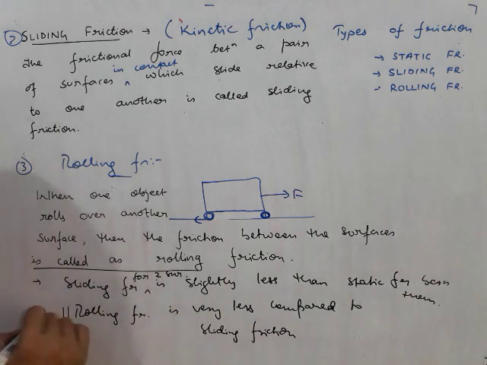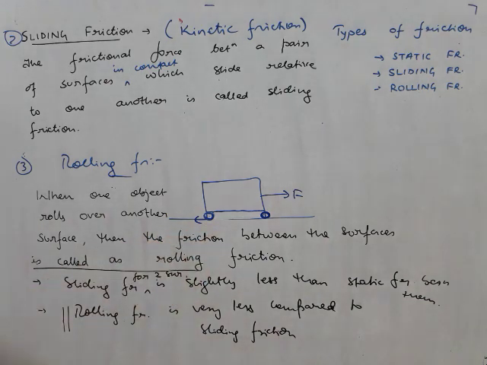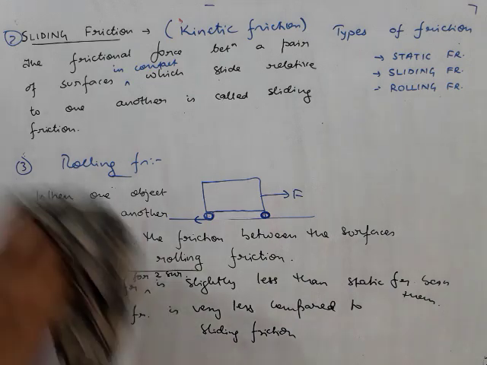And this reduces our effort to move a body from one place to another if you fit that body with some wheels. It's for this reason that the discovery of the wheel is considered a revolutionary discovery in the history of mankind.